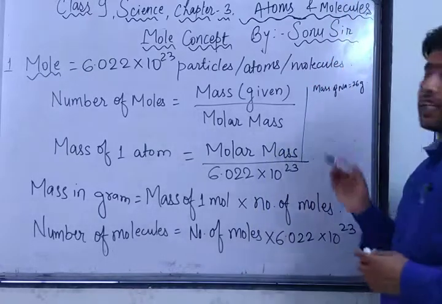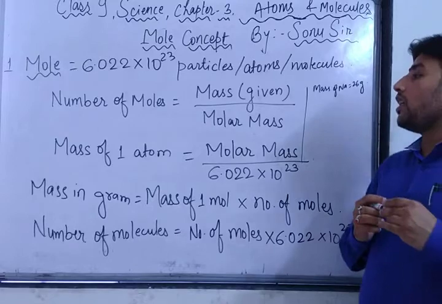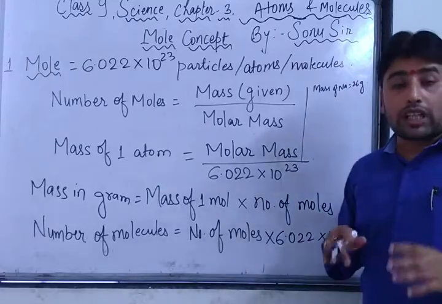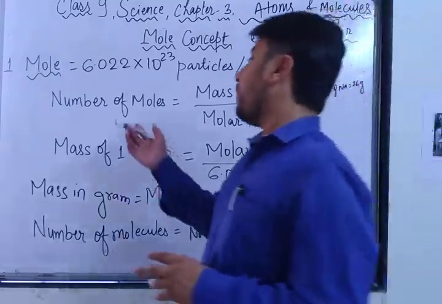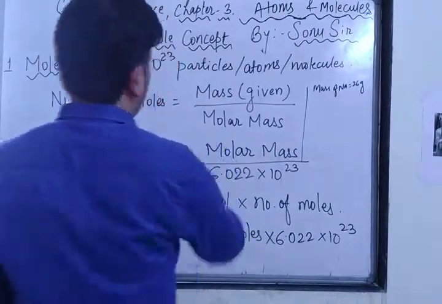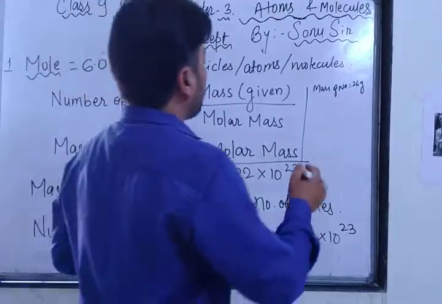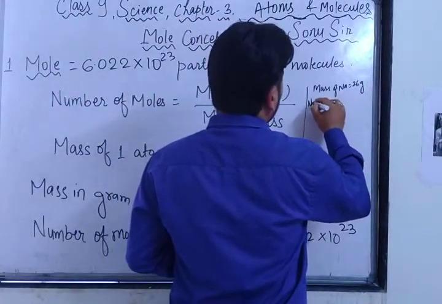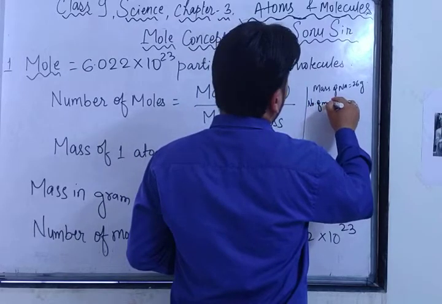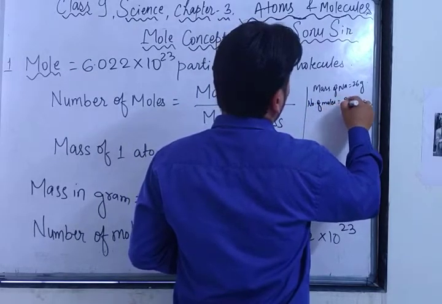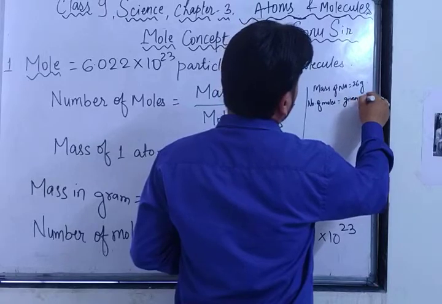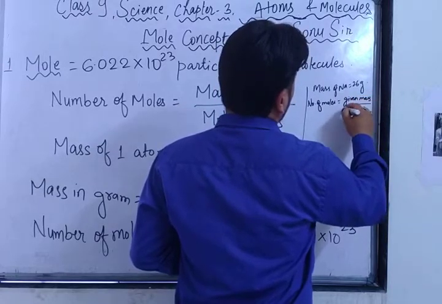Calculate the number of atoms present in this sodium. First of all you have to calculate the number of moles. Number of moles is equal to given mass by atomic mass.